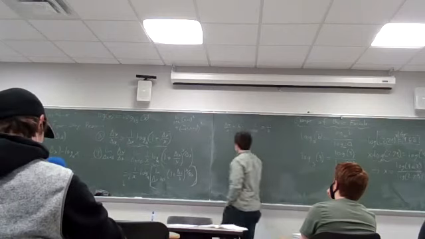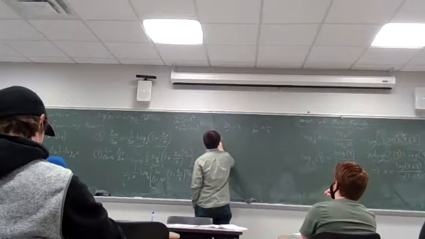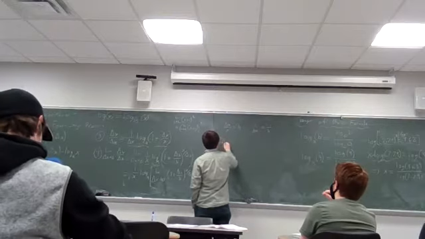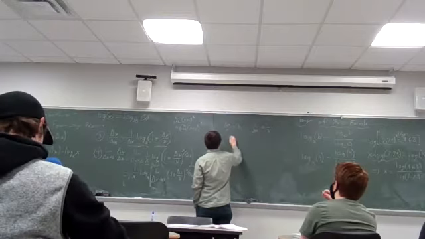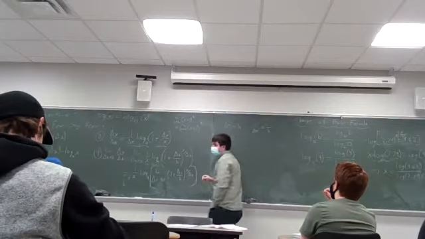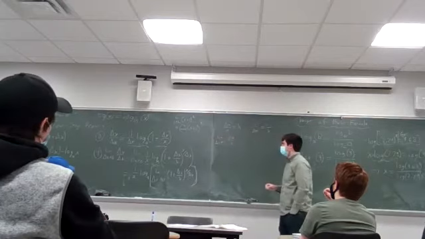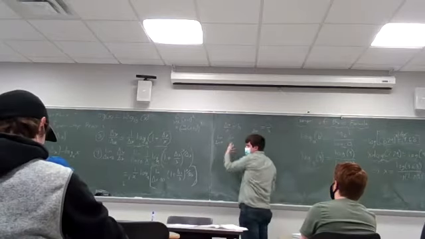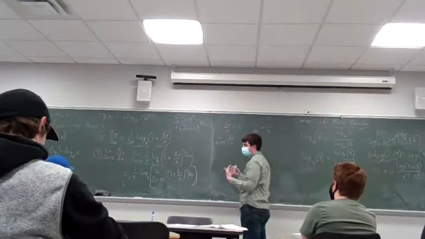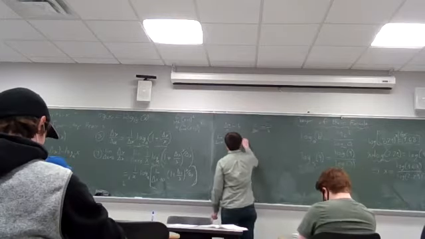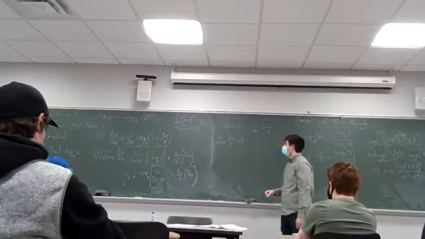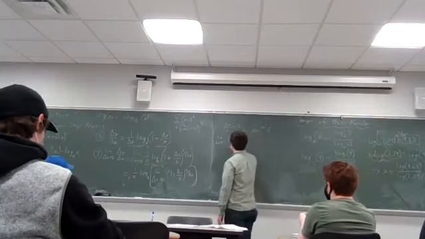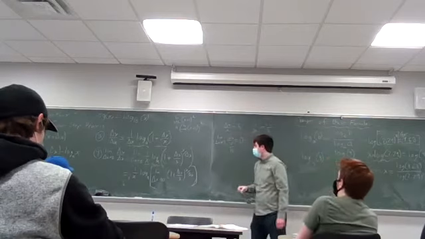Now, what is the limit as delta x approaches 0 of delta x over x? 0. The x doesn't have a delta x in it, so it doesn't matter. The delta x goes to 0, so you have 0 over x, which is 0. But we just said that this thing is h.